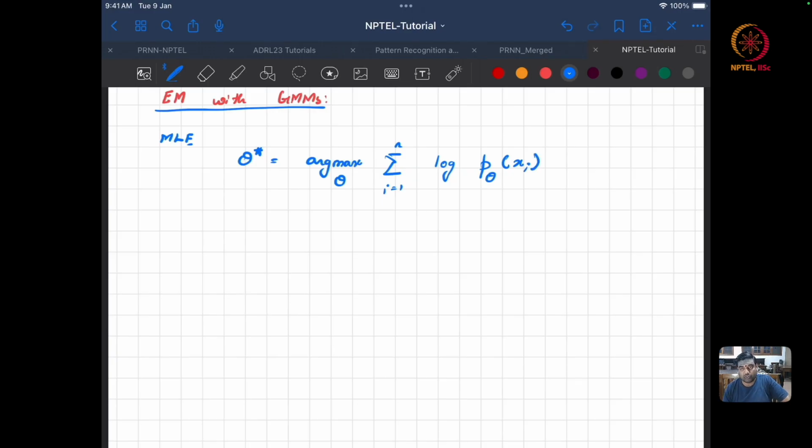Here we are assuming that the data x1, x2 till xn are iid from px.